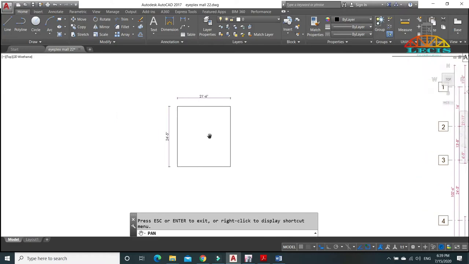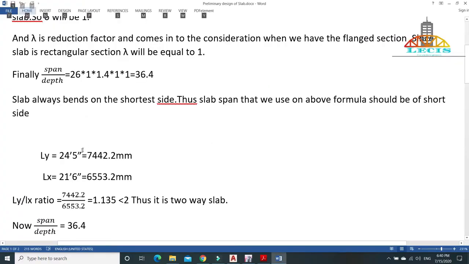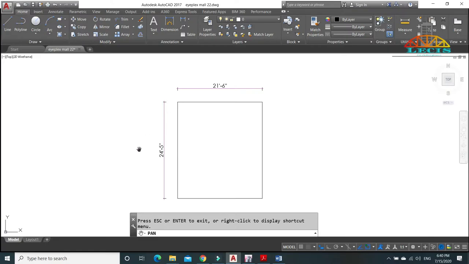Now we need to find the Ly by Lx ratio, that is length of longest span of slab to length of shortest span of slab ratio. And if that ratio comes below 2, then it will be a two-way slab, and if that ratio comes greater than 2, then that will be a one-way slab. So we had length of longest span of slab Ly equals 24 feet 5 inch.